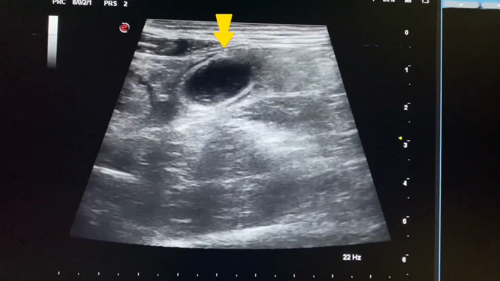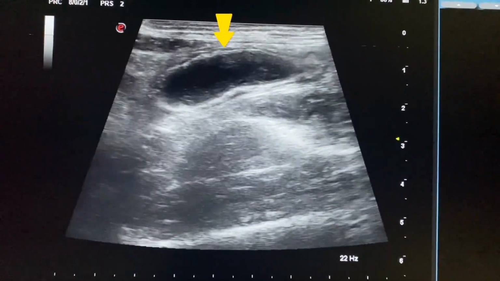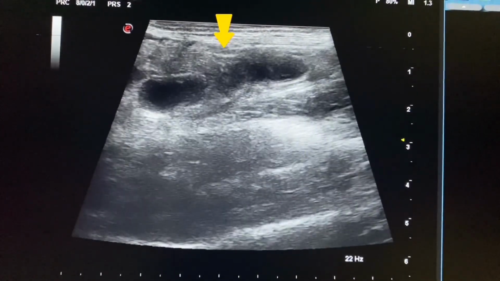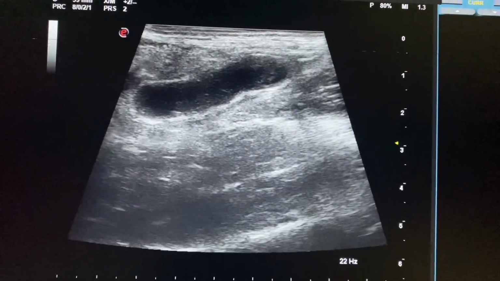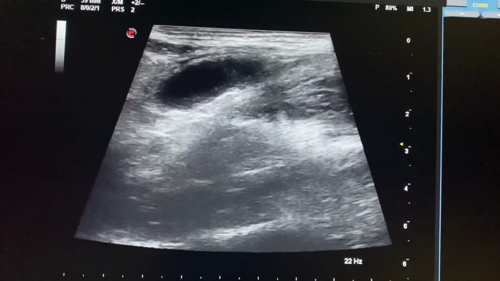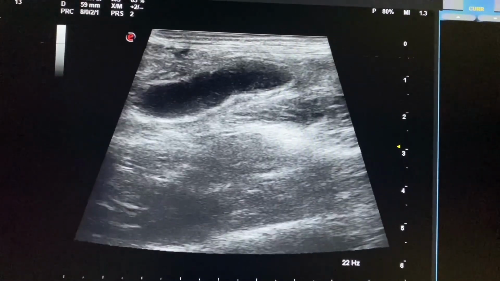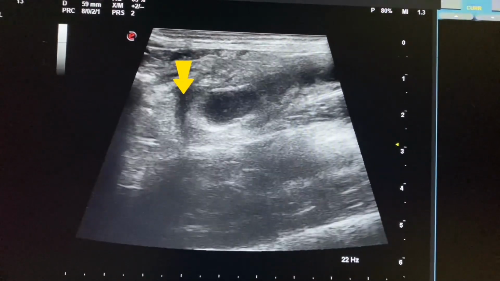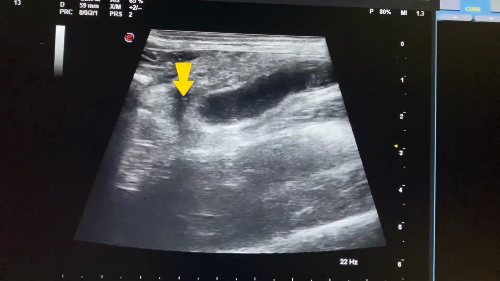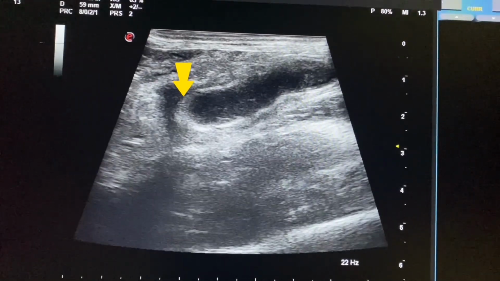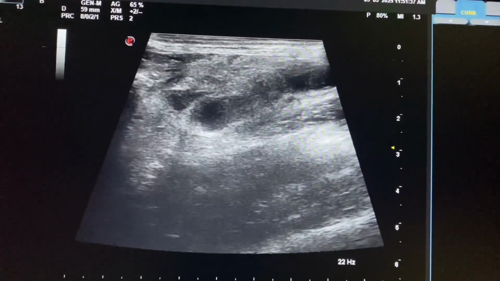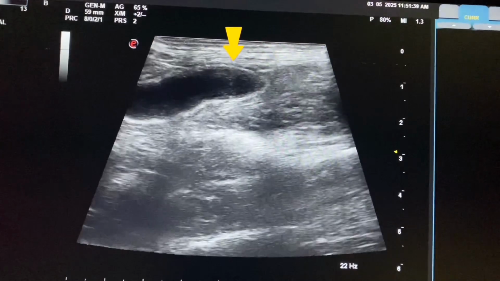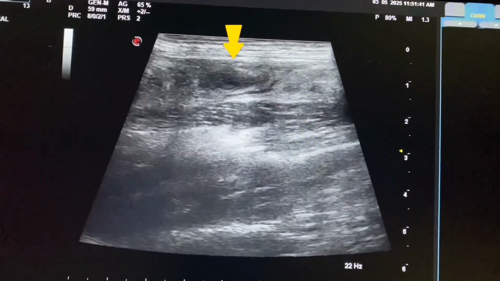Now rotating the probe at its axis, we see a lumen containing fluid. This lumen is attached to the cecum. And this is the blind end of this lumen.